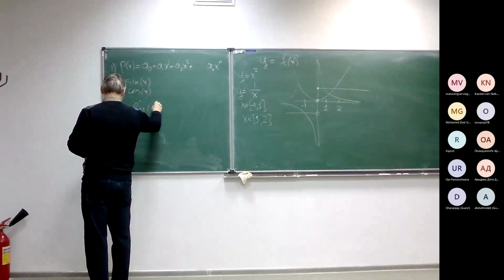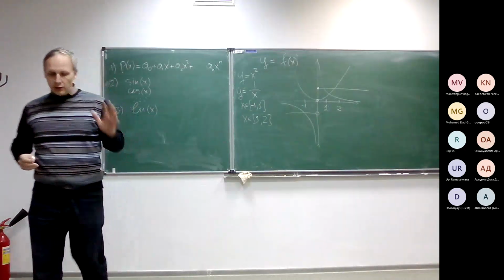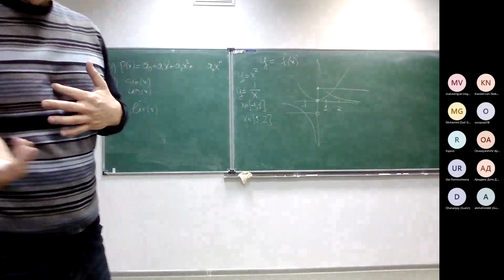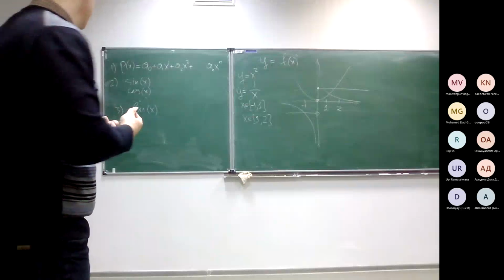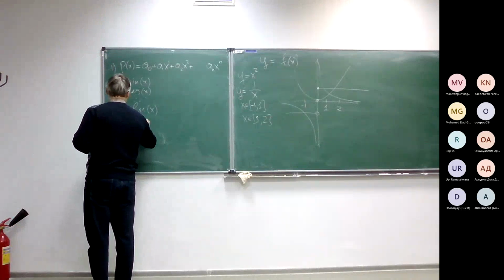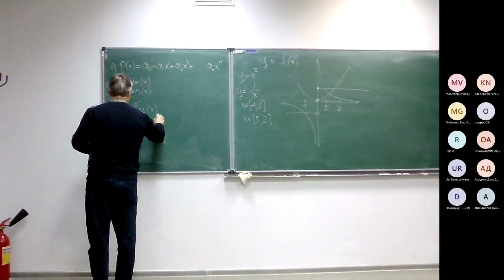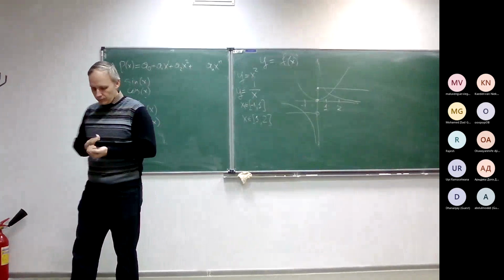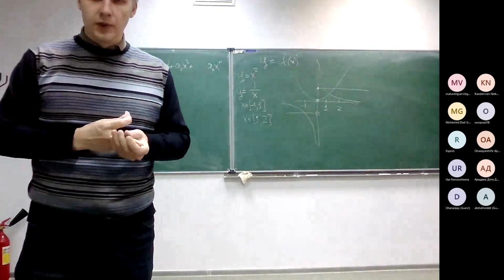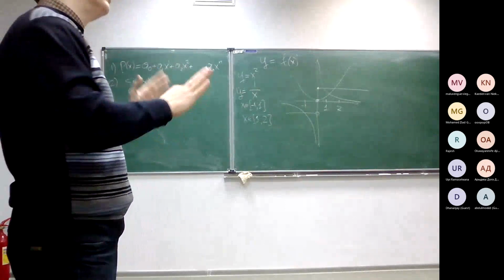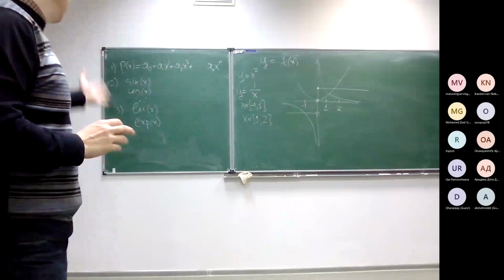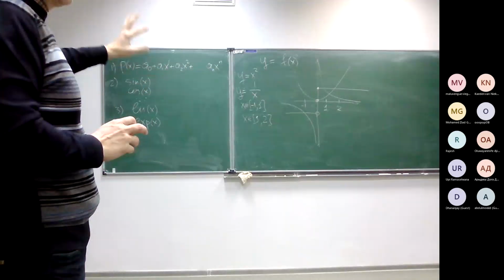Exponential function, of course. Logarithm and its opposite function, exponential, are brothers: logarithm and exponential function. Well, there are a lot of other different functions, but I think it's enough for our case.